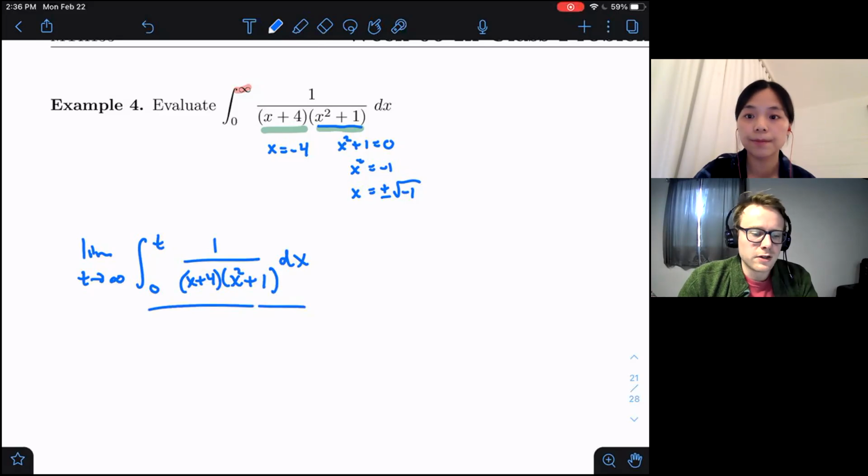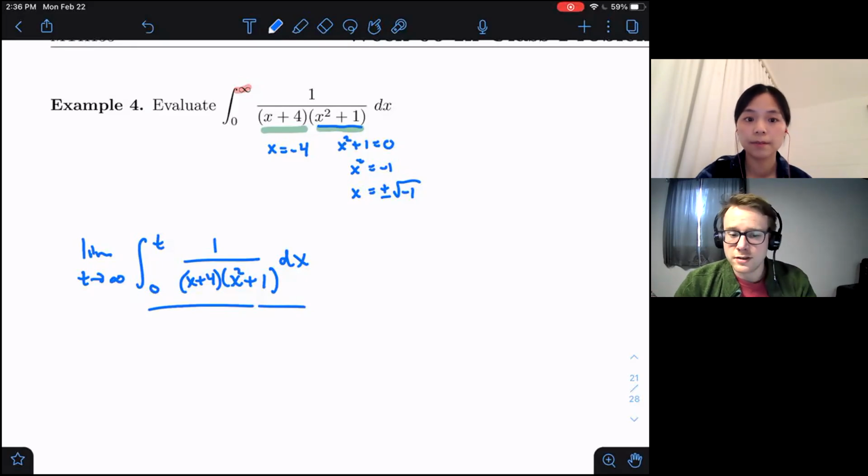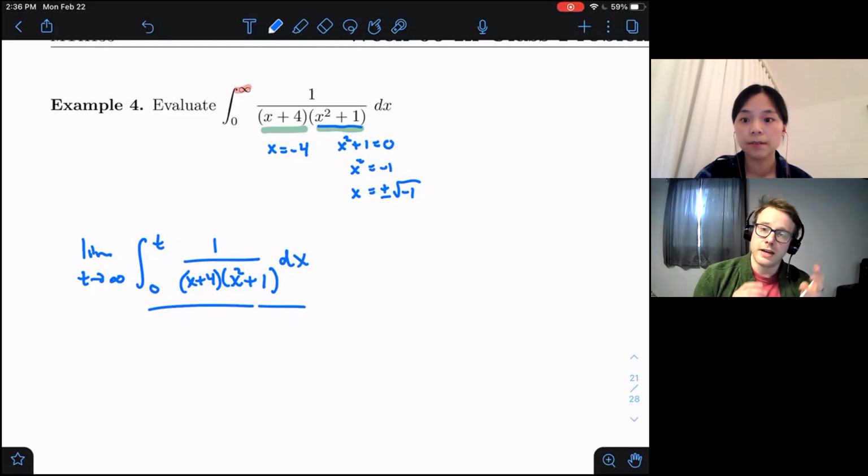I've seen it alluded to a couple times here in chat as well, that yeah, this is a partial fractions style question. So we saw that we combined improper integrals with integration by parts, 7.1. And here we have an improper integral with partial fractions, 7.4.